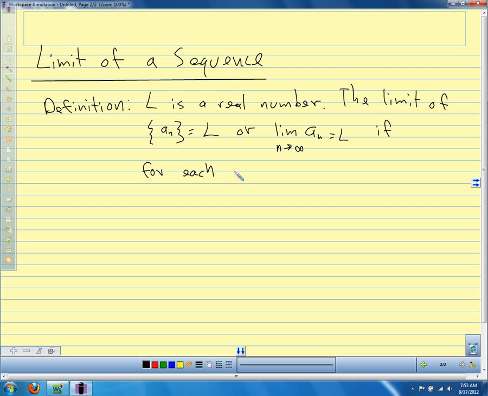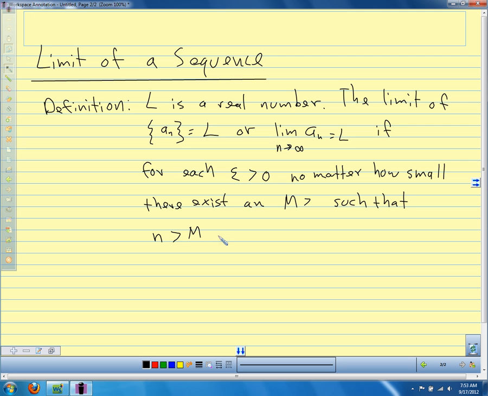For each epsilon greater than 0, no matter how small, there exists an M greater than 0 such that n greater than M implies that the absolute value of a sub n minus L is less than epsilon.